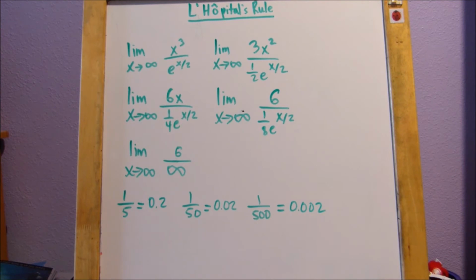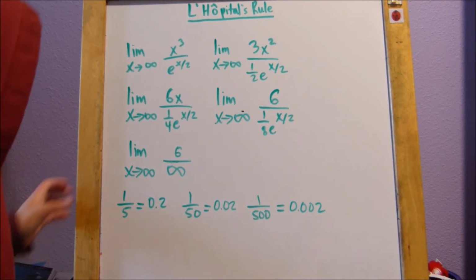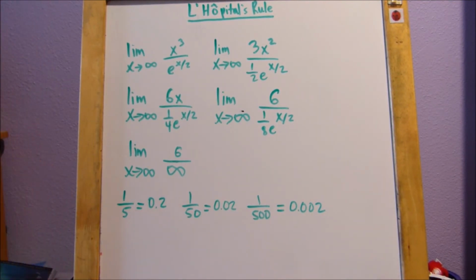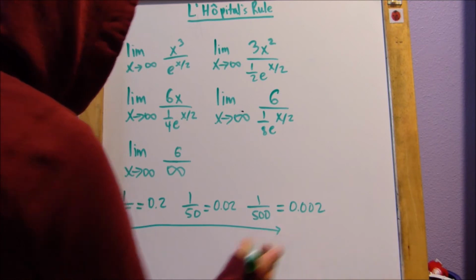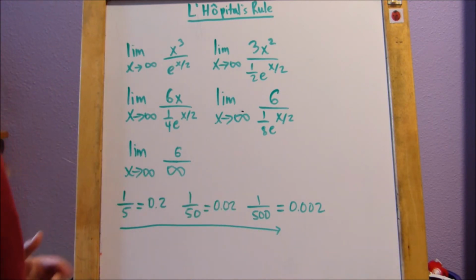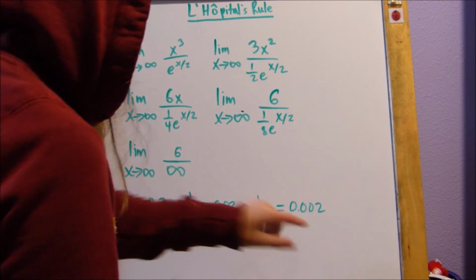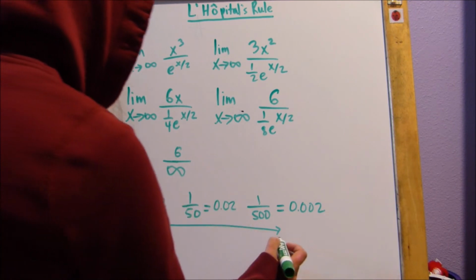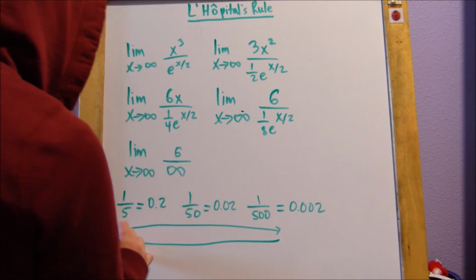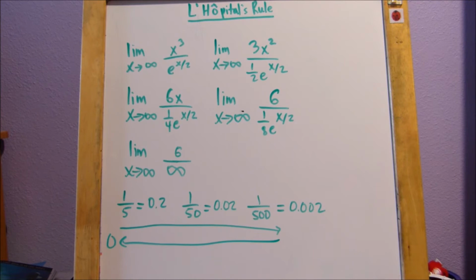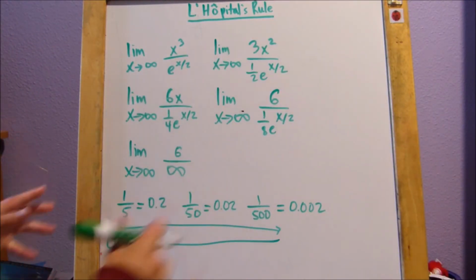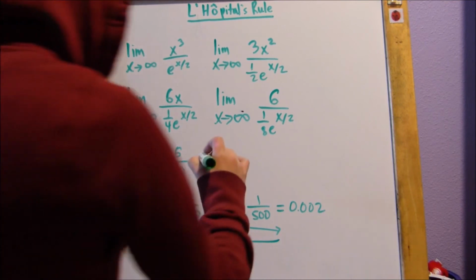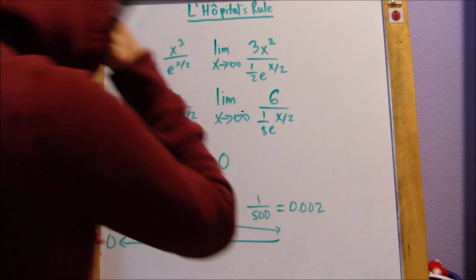Right? So as the denominator gets bigger and bigger, this number actually gets smaller and smaller. It gets closer and closer to 0. So if our denominator is extremely large, we can say that our limit is going to 0, right?